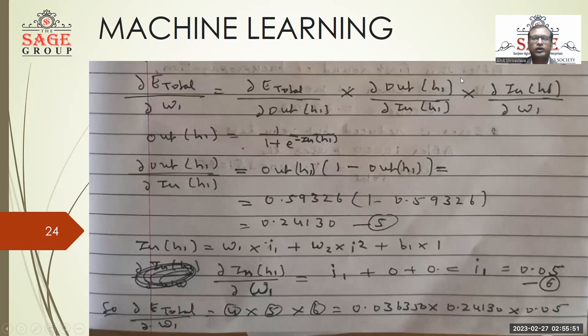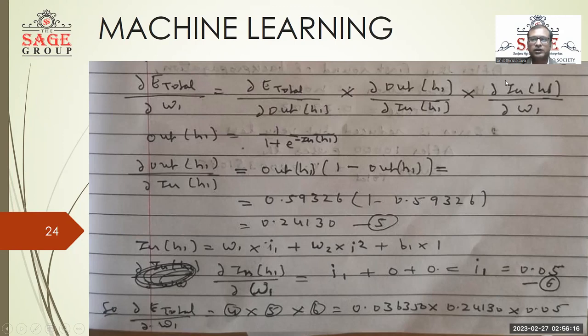So when I do del out H1 upon del in H1, we have already seen the relationship in our previous lecture, that we can write this as out H1 into 1 minus out H1. So just putting in the values, we can calculate this value. It is coming to be 0.24130.